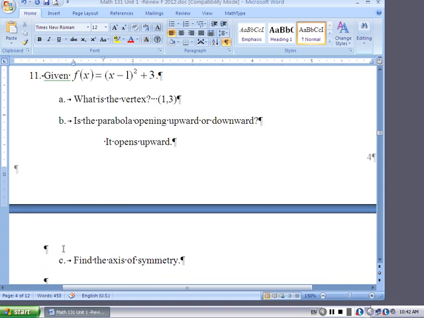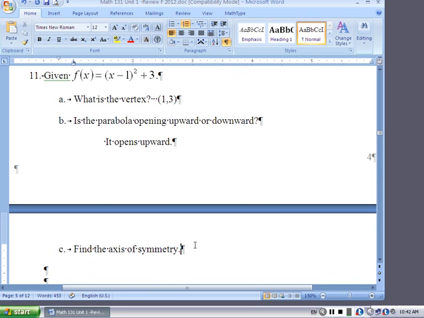Now, find the axis of symmetry, and we know the answer should be x equals 1, right? The equation for the axis of symmetry is x equals 1. I know I'm going to see some of you write just the number 1.